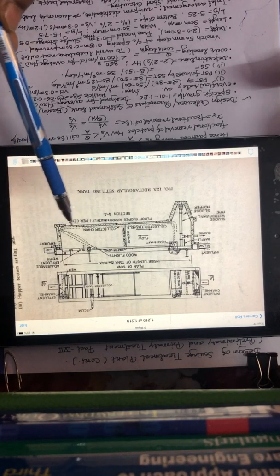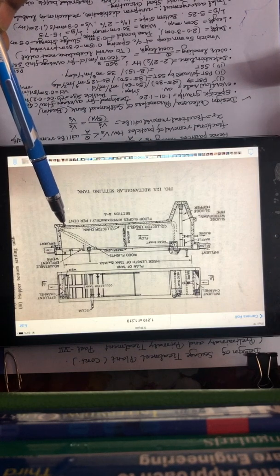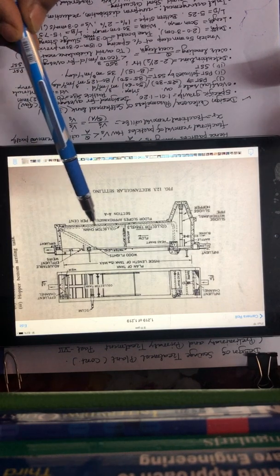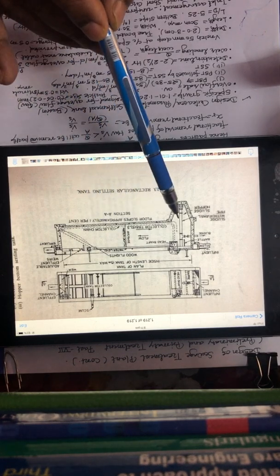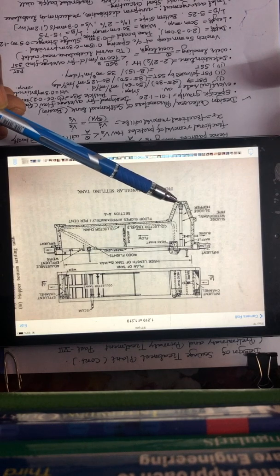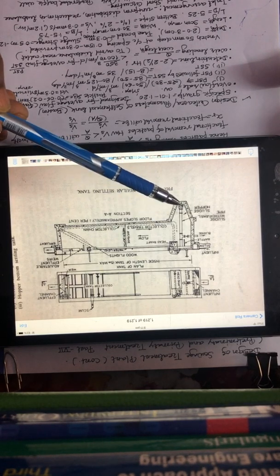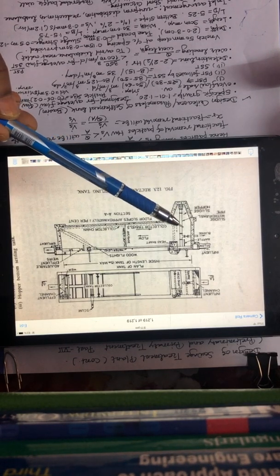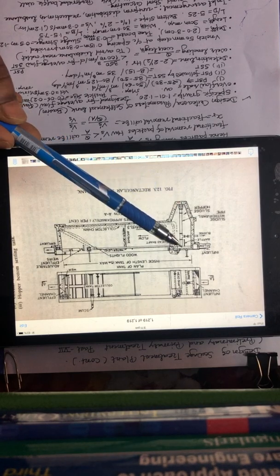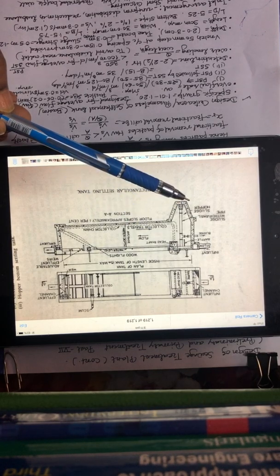When this belt moves, the sludge accumulated or sediments deposited at the bottom are dragged along with the belt and brought to here, and that way they fall into the sludge hopper. In the sludge hopper, a sludge withdrawal pipe is provided, and through the hydrostatic pressure the accumulated sludge is removed from time to time.